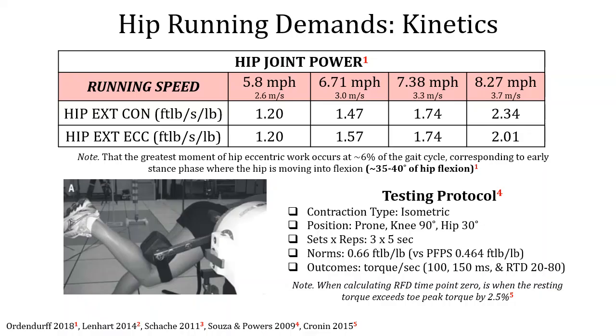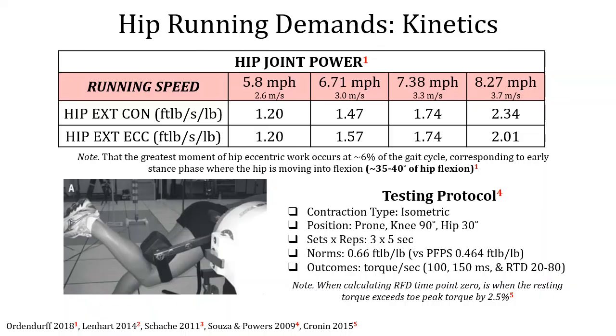I would encourage you to utilize the RTD 20-80. Why is this the case? To date, I don't know of any research that has looked at what rate of torque development metric or time point would most correlate with the forces that are produced during running.